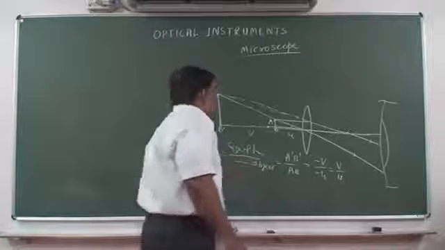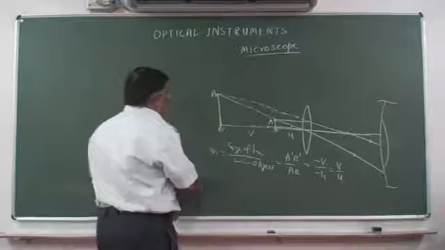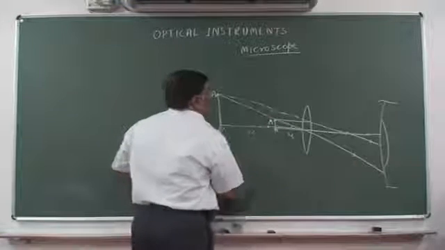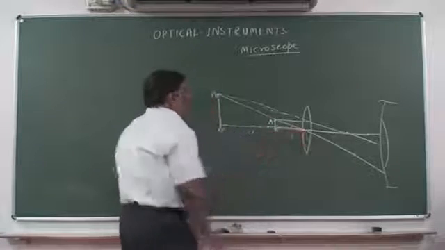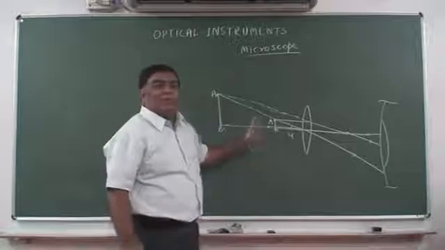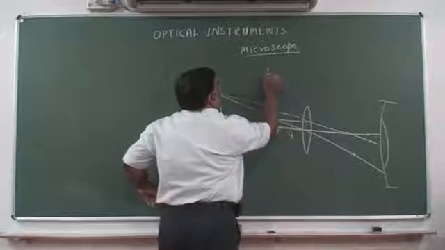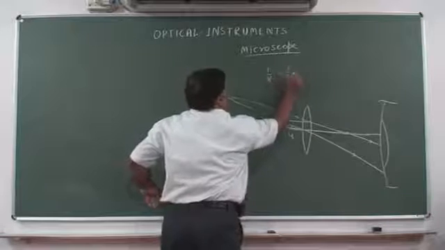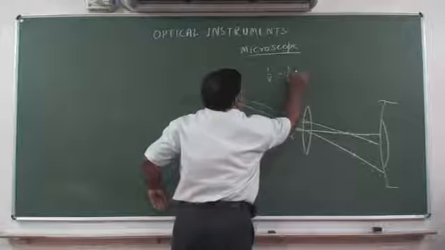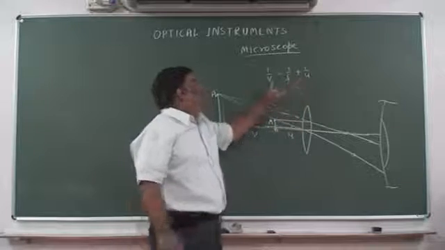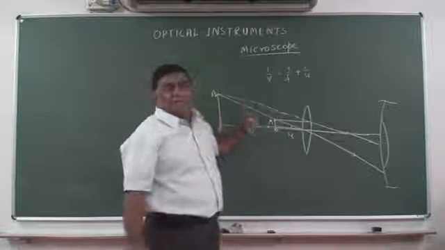Okay, now we want to see the image. What happens when we change the distance U? What happens to V? The answer is V will also change, because we have the formula 1 upon V is equal to 1 upon F plus 1 upon U. So if we change U, the V will automatically change.